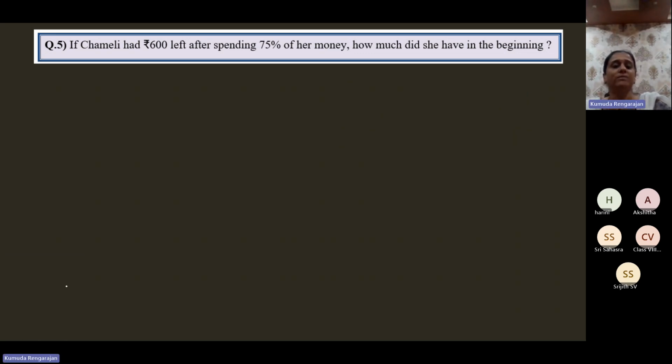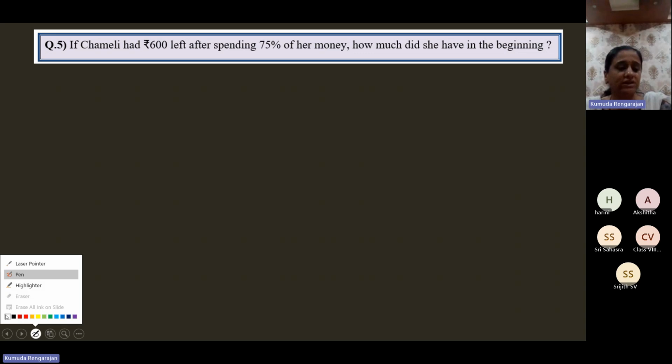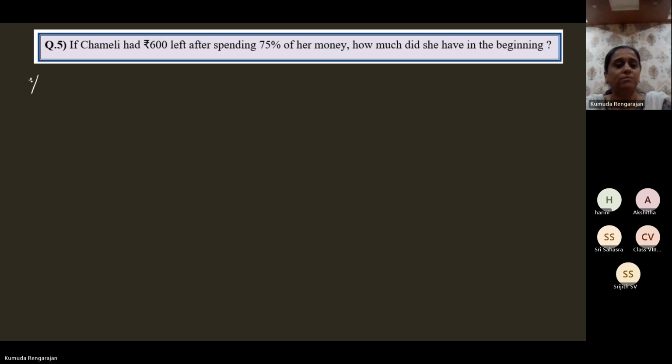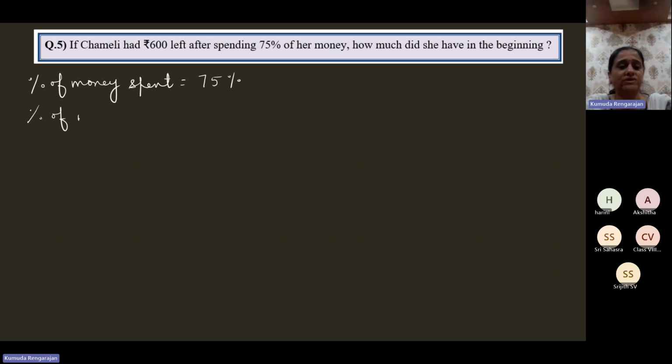Okay. If Chameli has rupees 600 left after spending 75% of her money, so percentage of money spent is equal to 75%. So what is the percentage of money left?